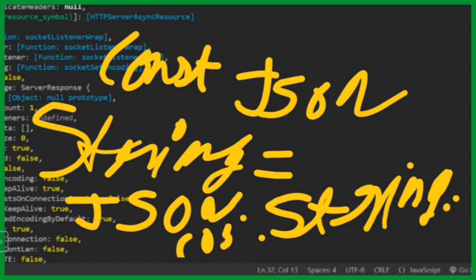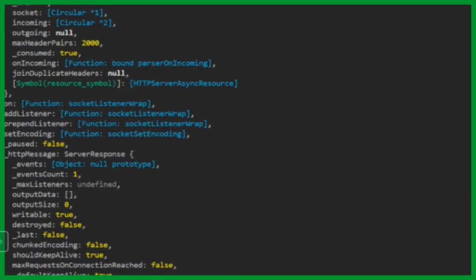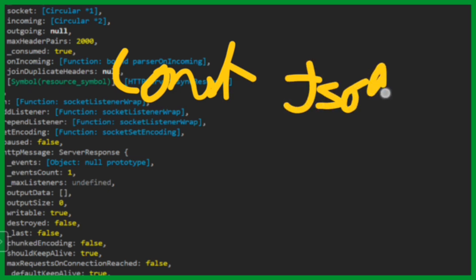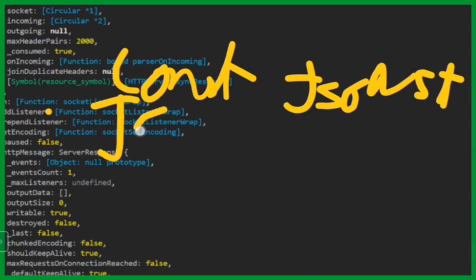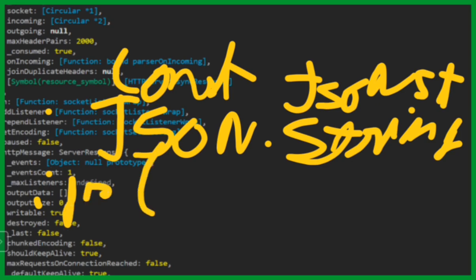We create a const that stores the JSON.stringify function, and there we are passing the parameters of the object that we have initialized before only, as you people know.